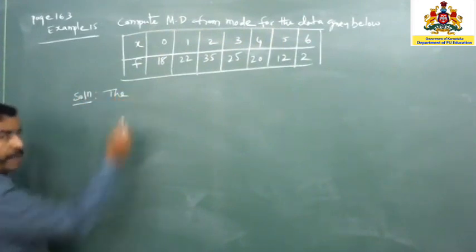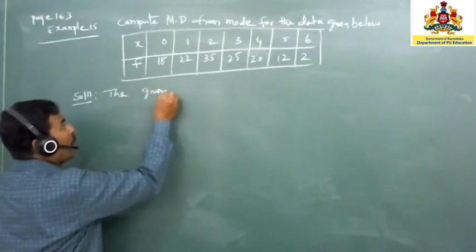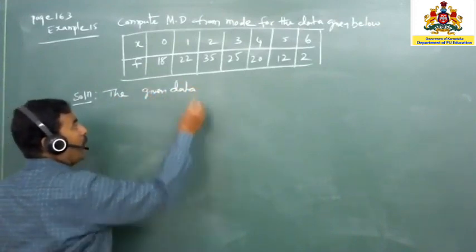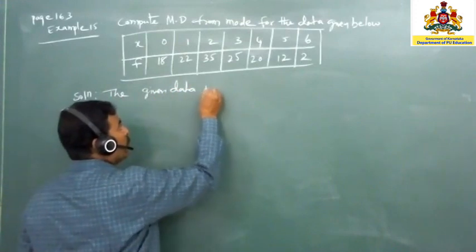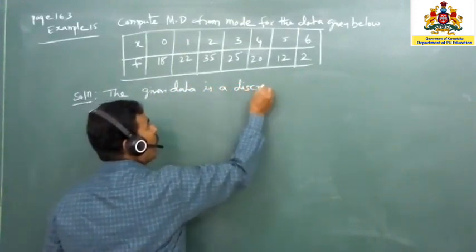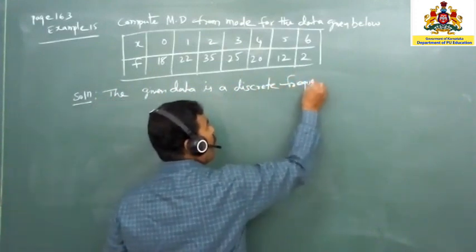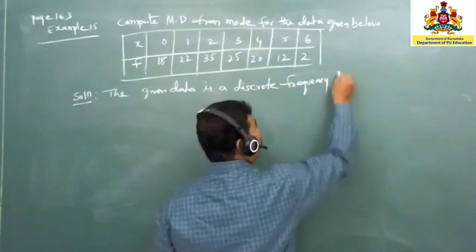The given data is a discrete frequency distribution.